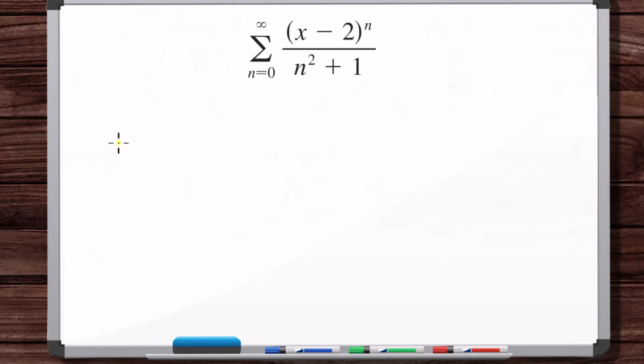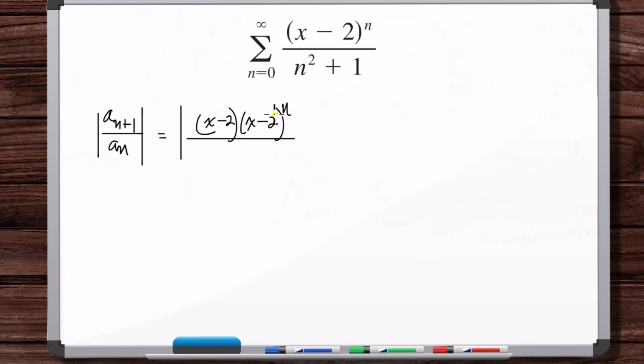All right, so now the ratio test. We've got x minus 2 to the n plus 1, so we'll do x minus 2 times x minus 2 to the n. And then n plus 1 squared plus 1 is going to be what? n squared plus 2n plus 2, if you expand that out. Let me not go too fast.